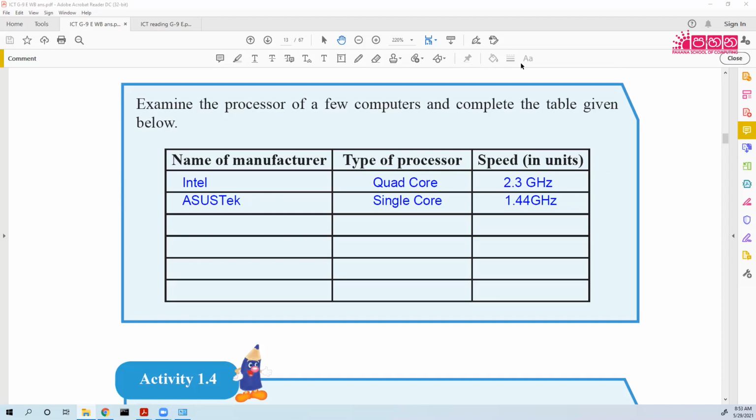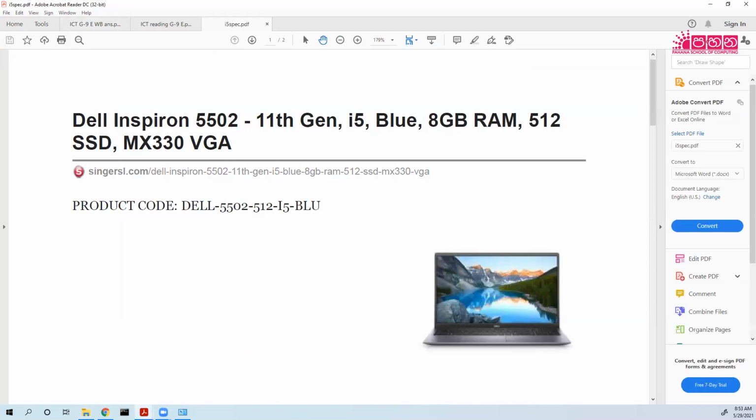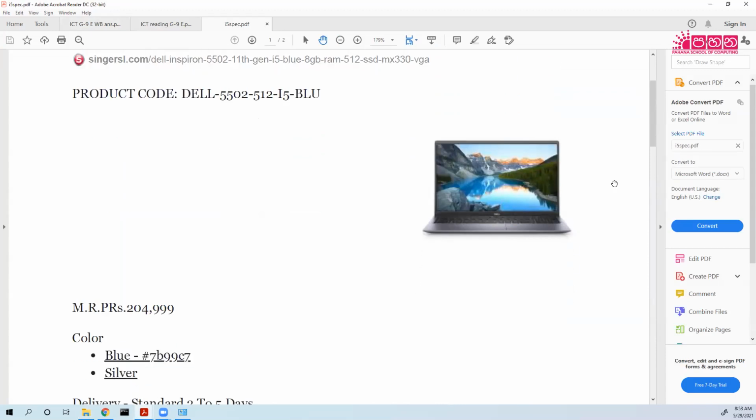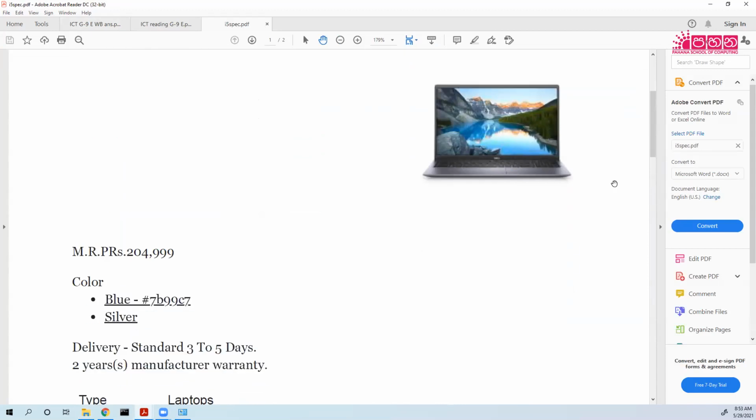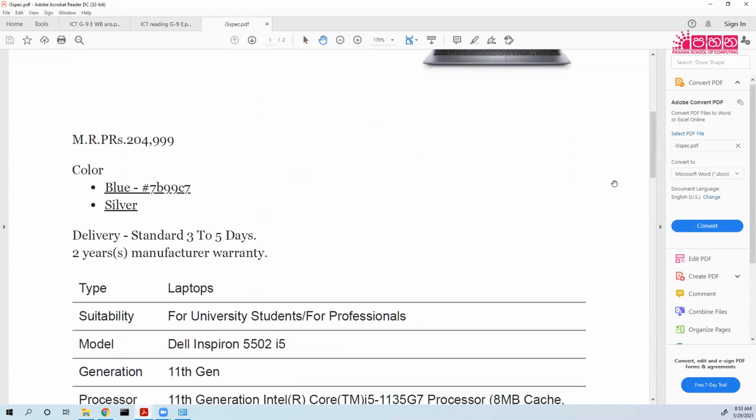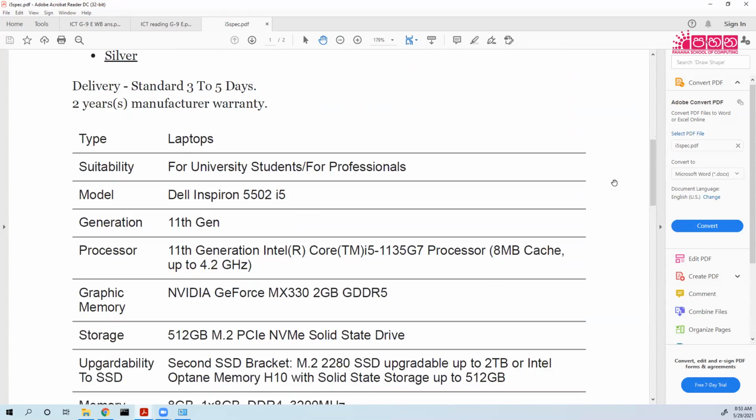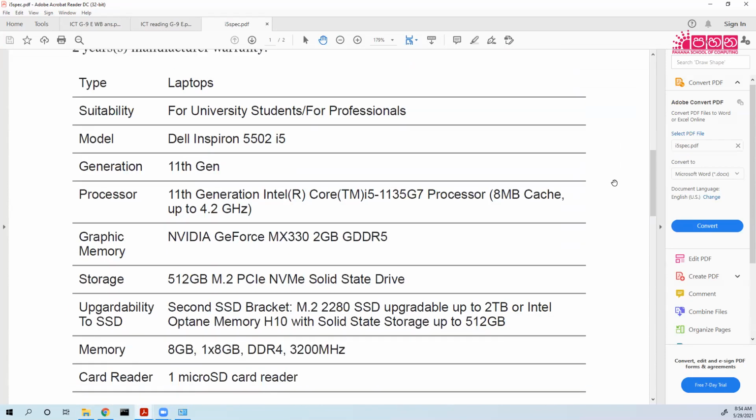Nobody answers. Dhananji? Okay, let me share the first one. This is the first one. I'll go to the page. Some details are here, and then you can get the details.